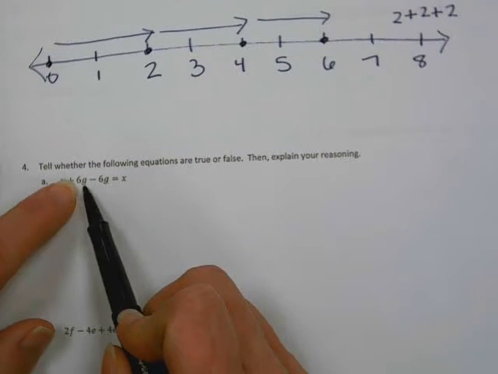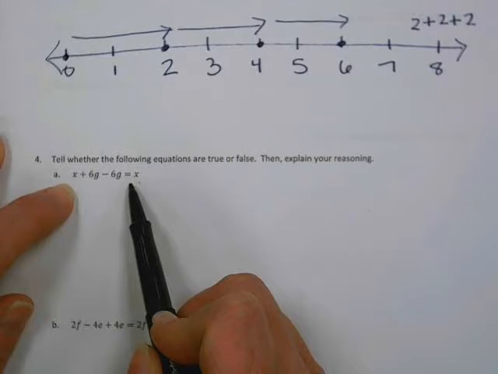So if we were to add 6g and then take 6g away, we would just come back with the same number of x.